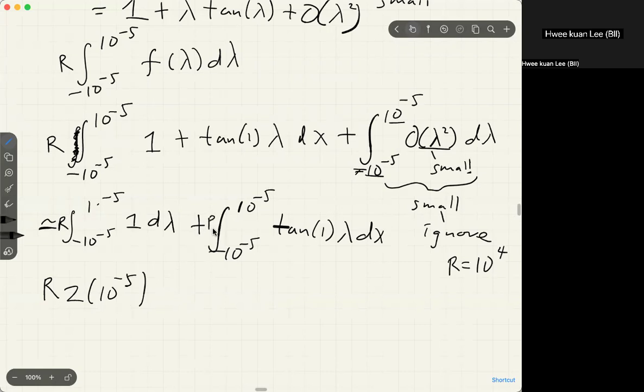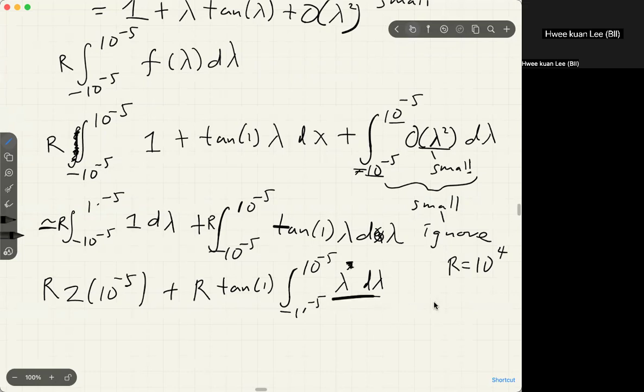R here, plus R times 1 plus tangent 1 lambda, integral from minus 10 to the minus 5 to 10 to the minus 5, lambda d lambda. Okay, yes, correct.